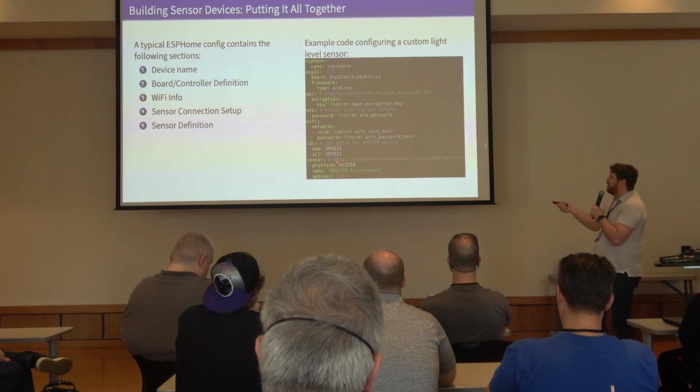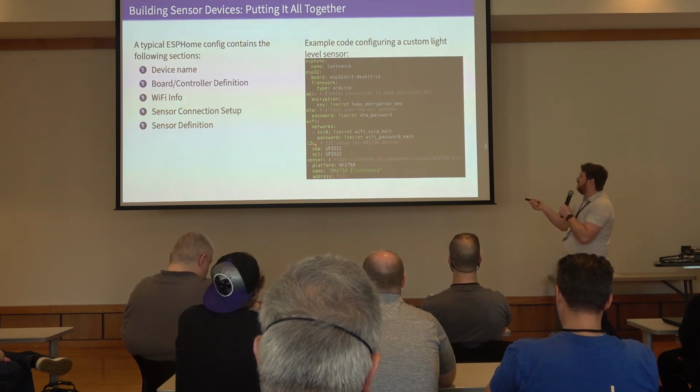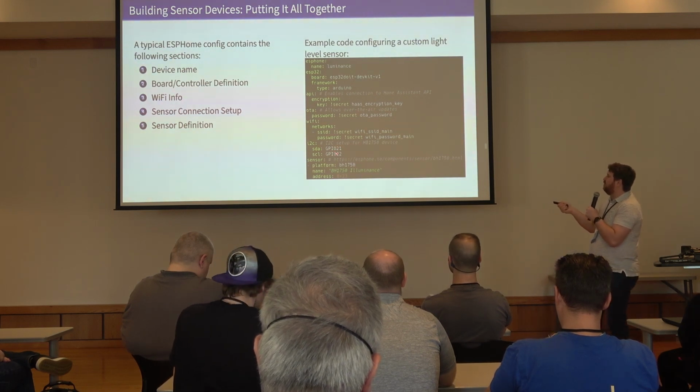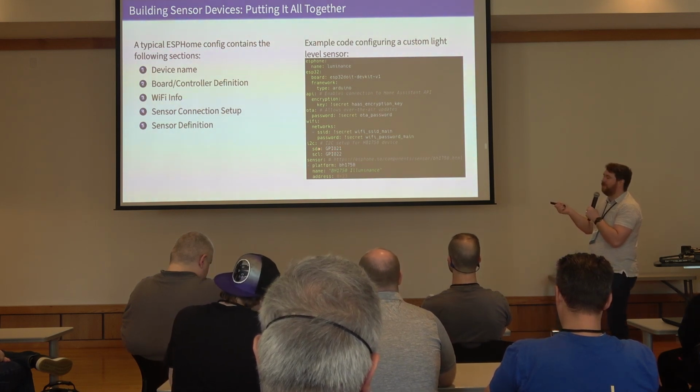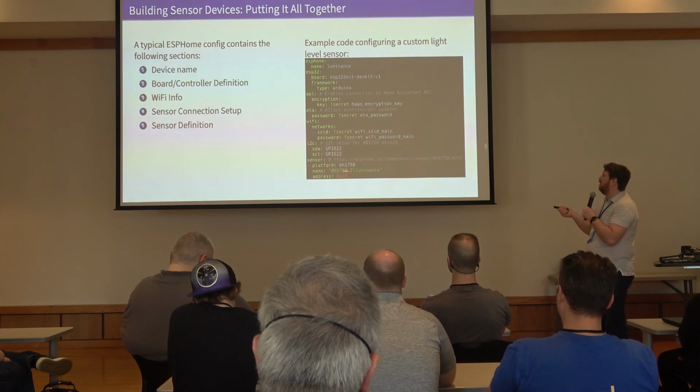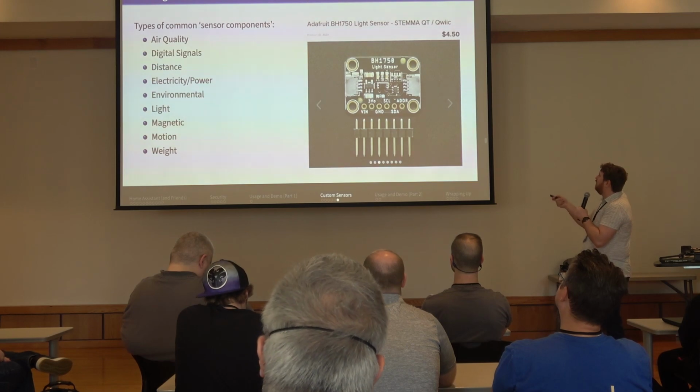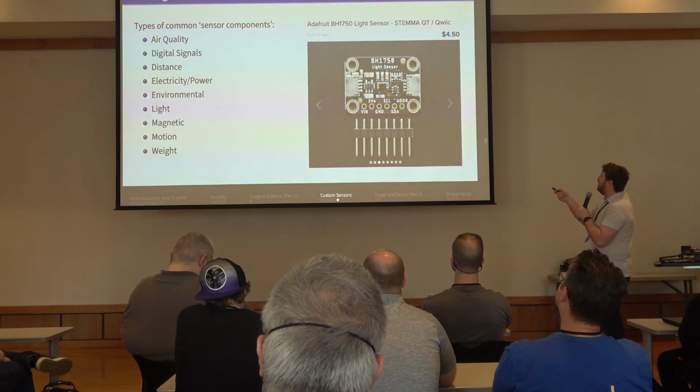So these last two sections, here's how the connection is set up to the sensor. We're saying these two pins on the microcontroller are what we're using, and then this is the device we're using. And if you come back here, here's SCL and SDA.